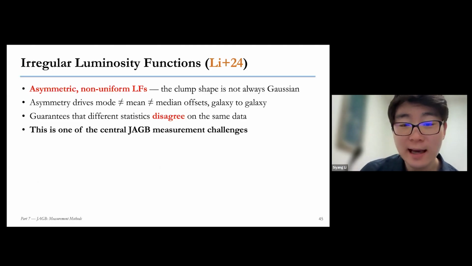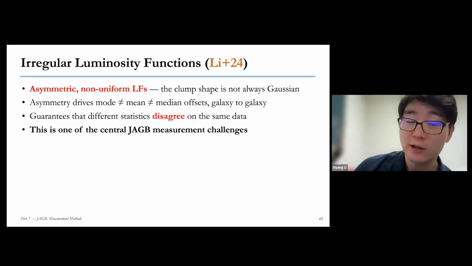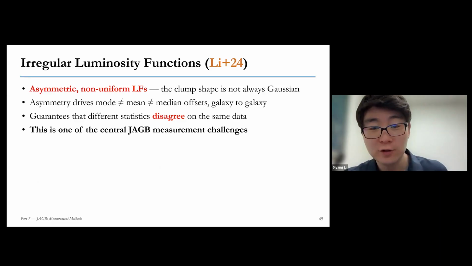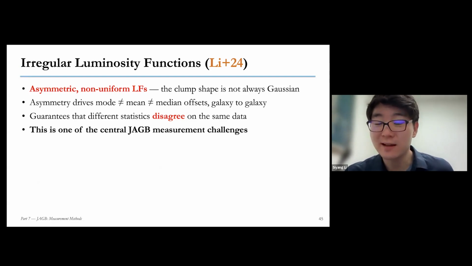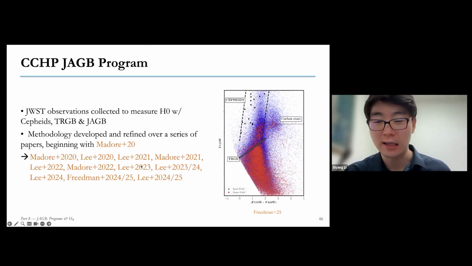So the idea here is that one of the limiting systematics for the JGB is due to this irregularity in the luminosity function. So again, this asymmetry drives these methodological differences. And essentially, because these JGB values can differ so much depending on what statistic you use, and how much it differs depends on the galaxy, that can affect your distance measurements and also Hubble constant measurements a lot.